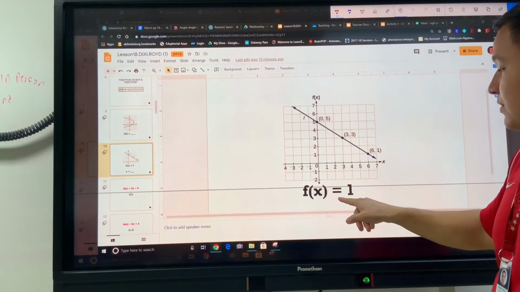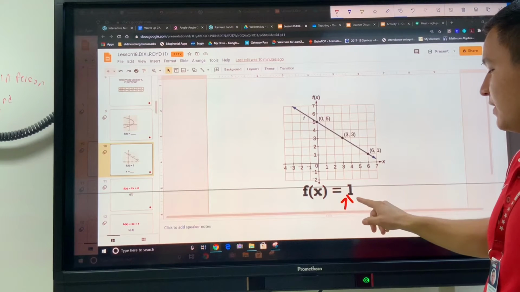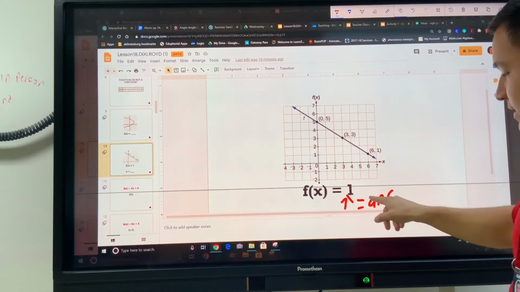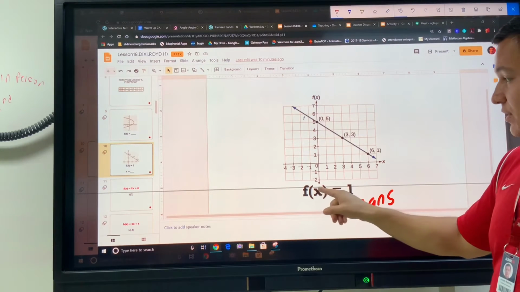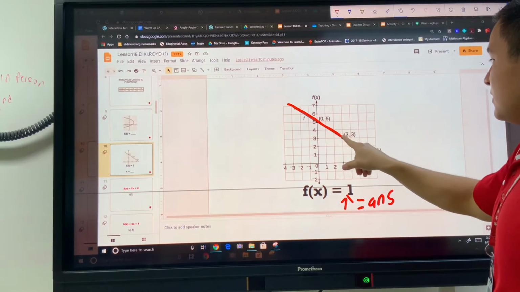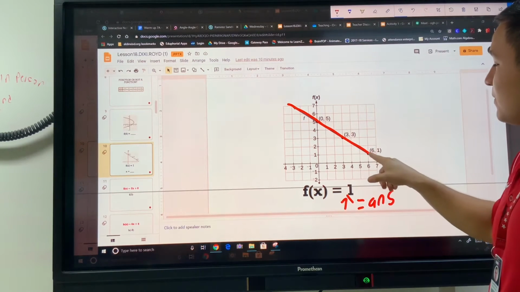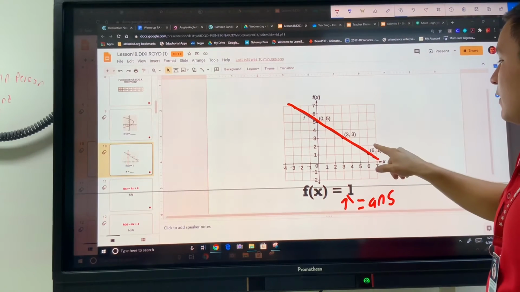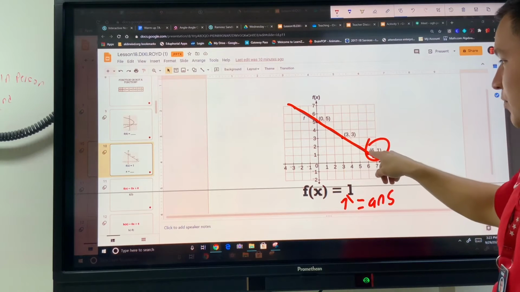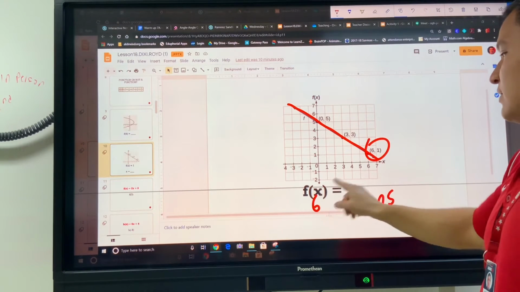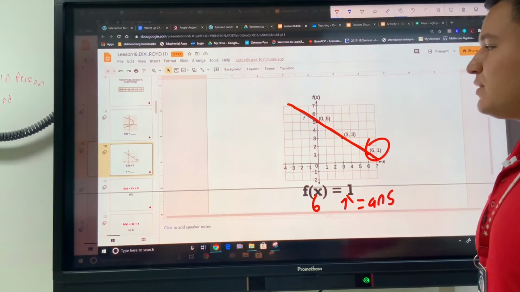If we know this part is the answer, 1 is the answer you get whenever you plug in something for x. When on this line is 1 the answer? 1 is the answer whenever 6 is the x. 6 would go inside the parentheses to get 1 as the output.